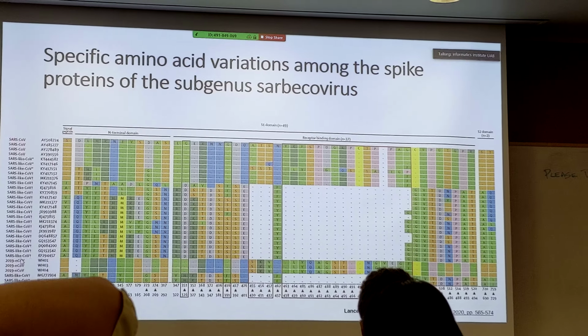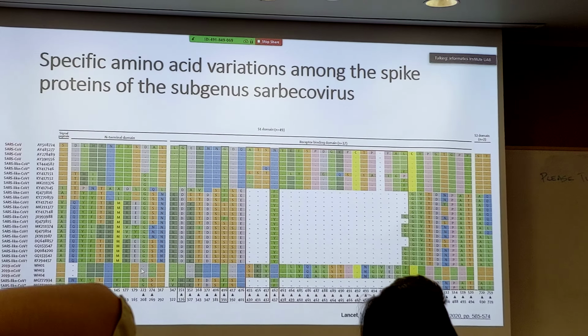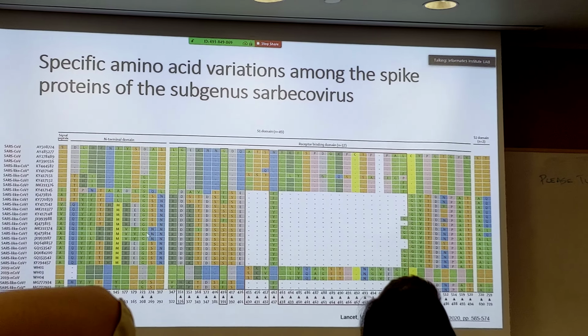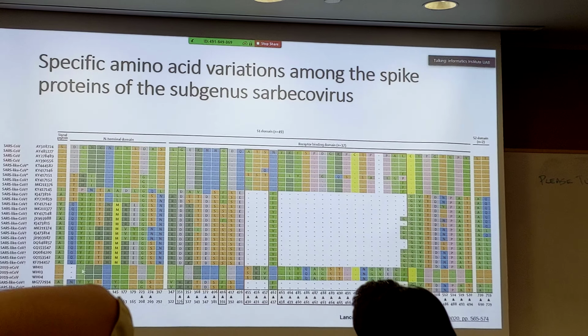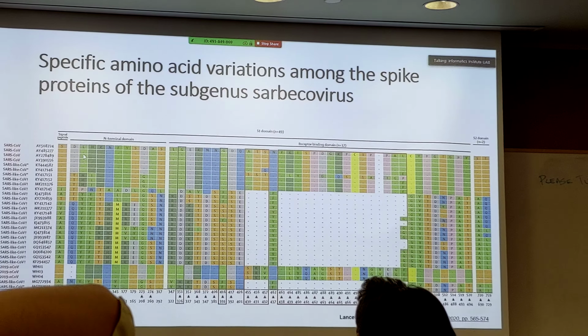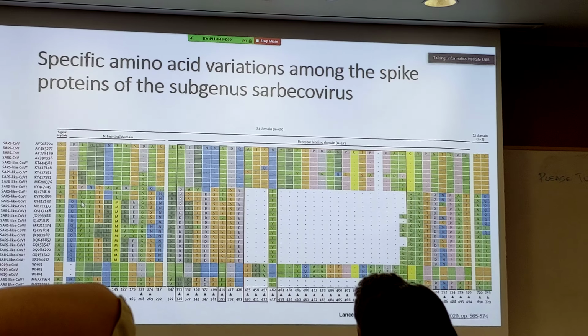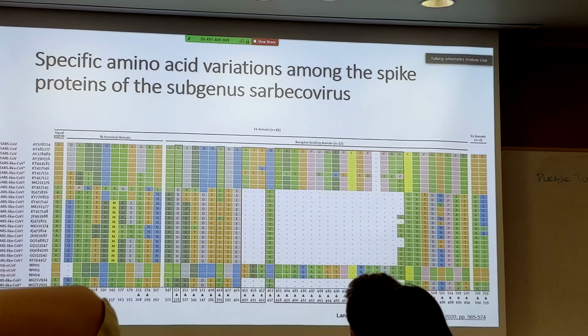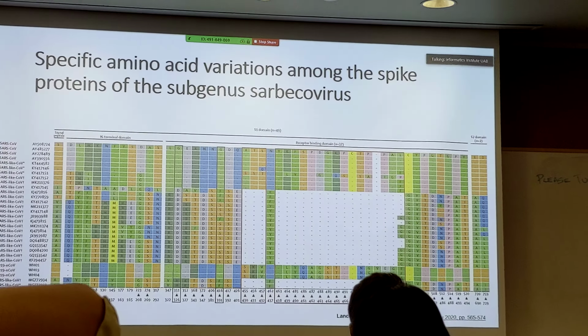Now you look at the new coronavirus. For this spike protein, the key residues are surprisingly more similar to SARS than to the actual close beta coronavirus that it is similar to at the genome level. So it really says two things.